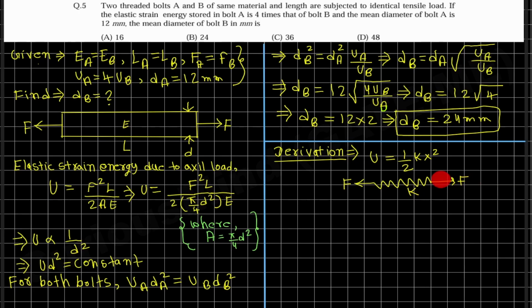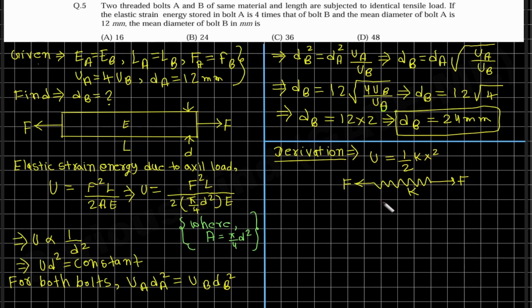For this spring, the stored elastic energy is given by U equals half K x square, where x is the extension of this spring. This basic formula we never forget, so we begin from this formula.